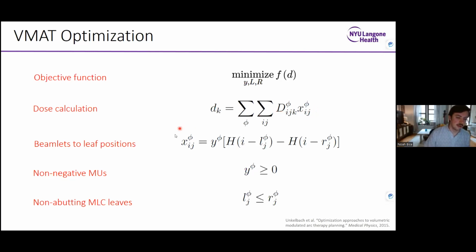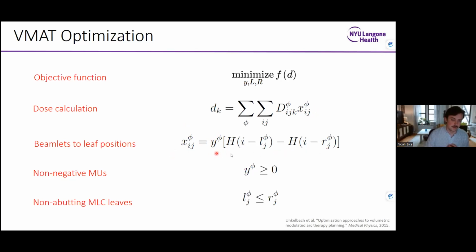But in VMAT optimization, since we're not optimizing individual fluence maps, we'll be optimizing individual leaf positions. We have to have this coordinate transformation from beamlet intensities to some output at specific gantry angles, and then left and right leaf positions.